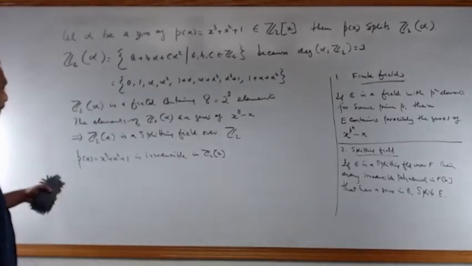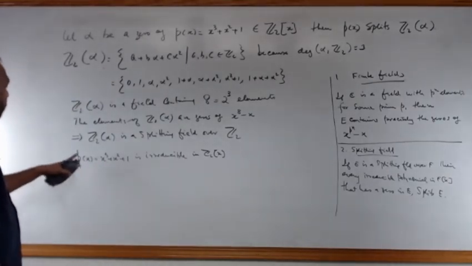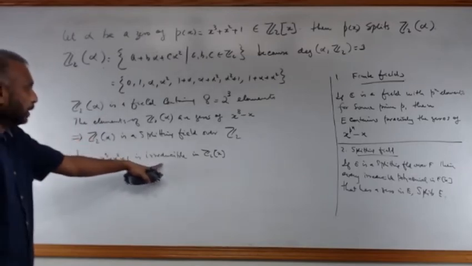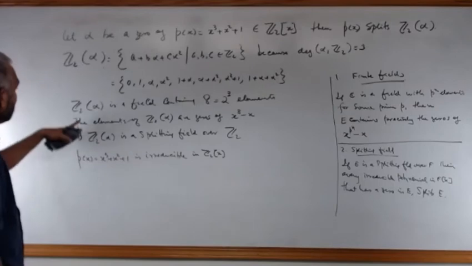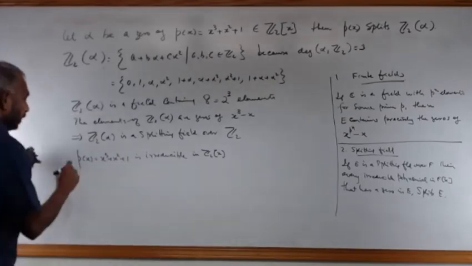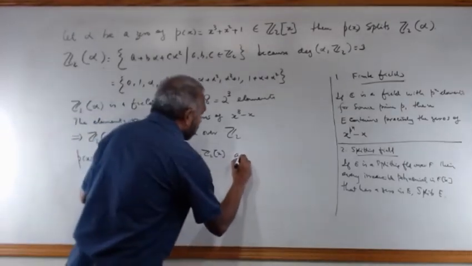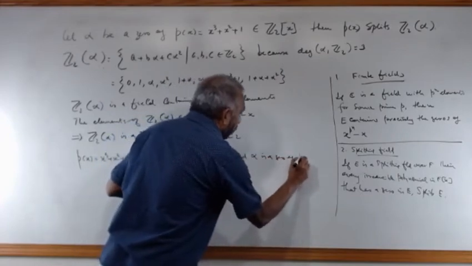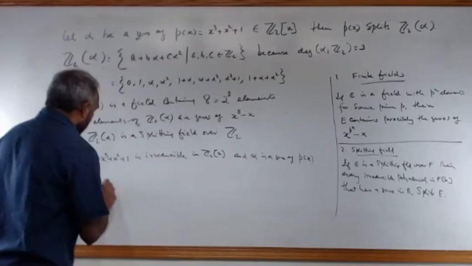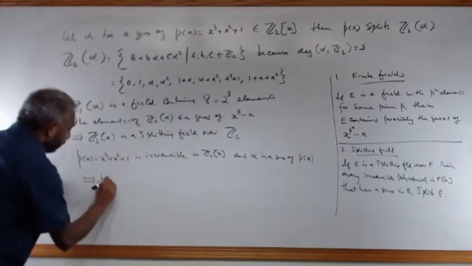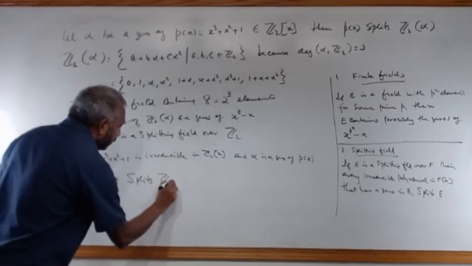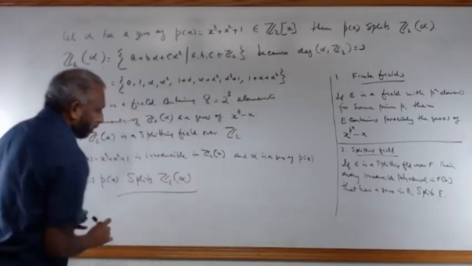So we have a splitting field and an irreducible polynomial whose 0 is in the splitting field. Alpha is a 0 of P of x, and that implies P of x splits Z2 of alpha.